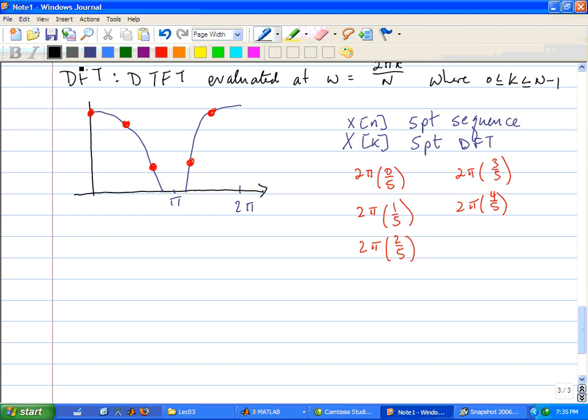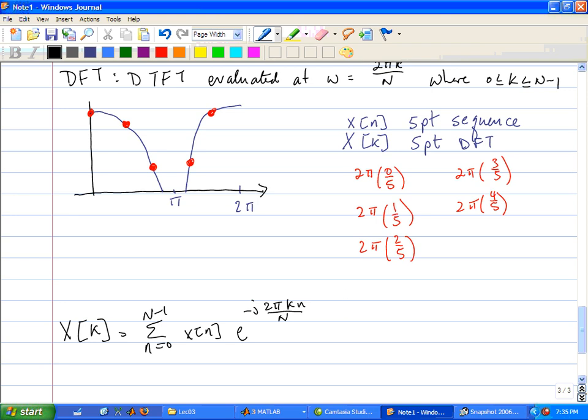The actual definition of the DFT, which I'm copying right out of the book now: X of k equals the sum from n equals 0 to N minus 1 of x of n times e to the minus j 2 pi k n over N. So that's the formal definition from the book.